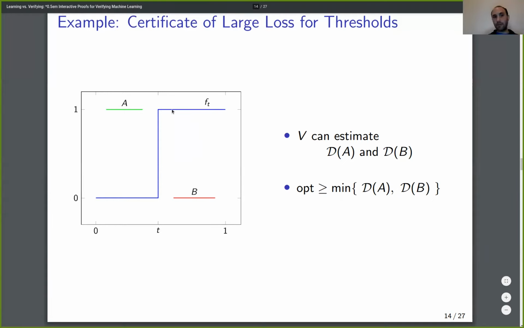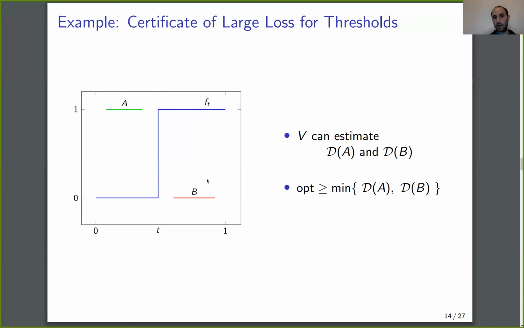In particular, that means that all the points in B are classified incorrectly by this threshold. So if a threshold classifies any point in A correctly, that means it classifies all the points in B incorrectly. And vice versa, if it classifies even one point in B correctly, that means it remained at 0 up until that point at least.